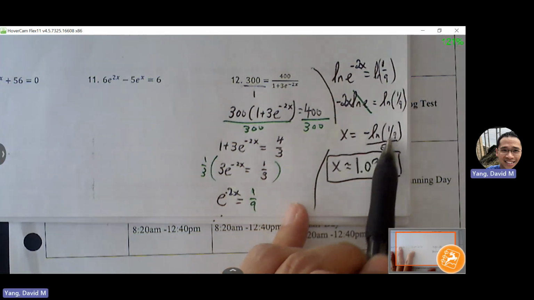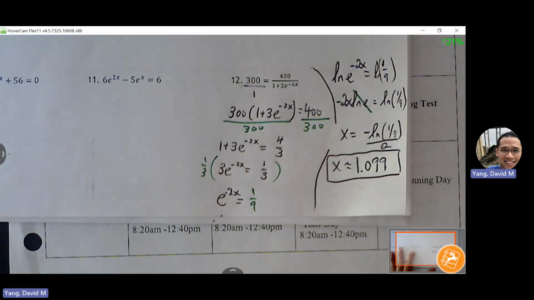So the 1/9 is inside the natural log, but the 2 is outside of it. You just put a negative in the numerator. Natural log of 1/9 is producing a negative value, and then there's another negative in front, so the two negatives give me a positive.